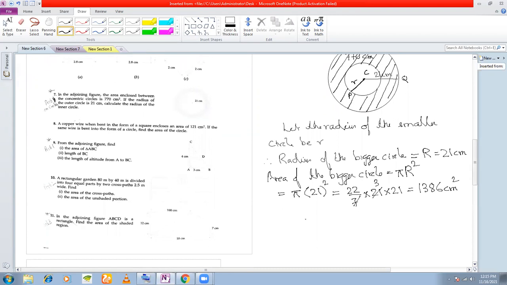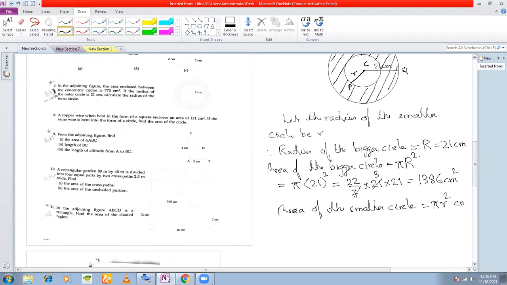Now what is the area of the smaller circle or the inner circle? Area of the smaller circle is pi small r square, and we don't know the radius, so we leave it at pi r square centimeter square, because we need to calculate r.